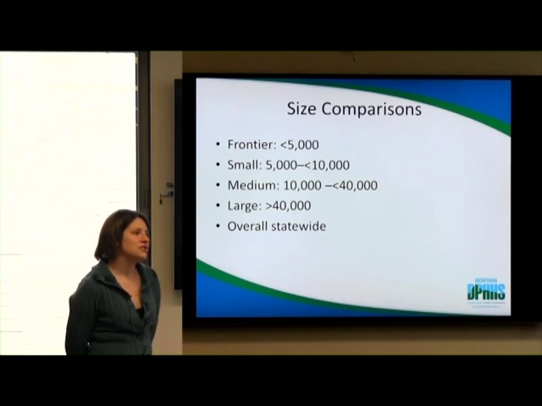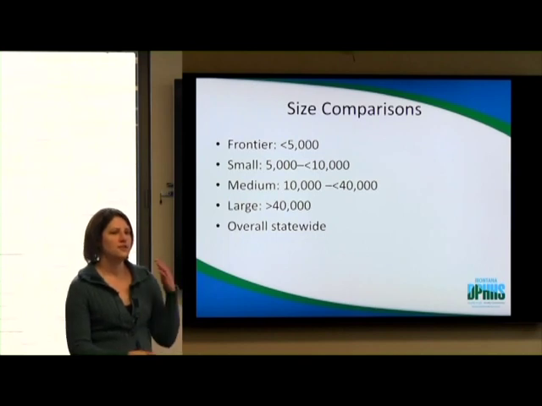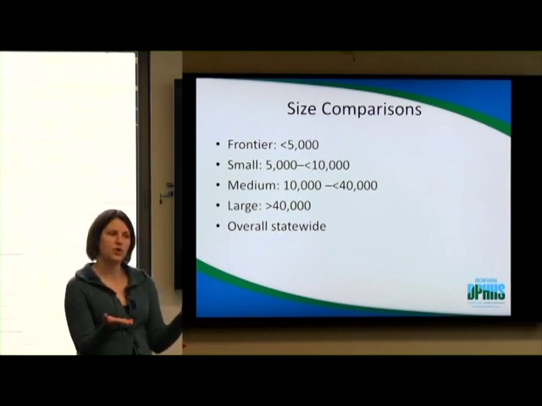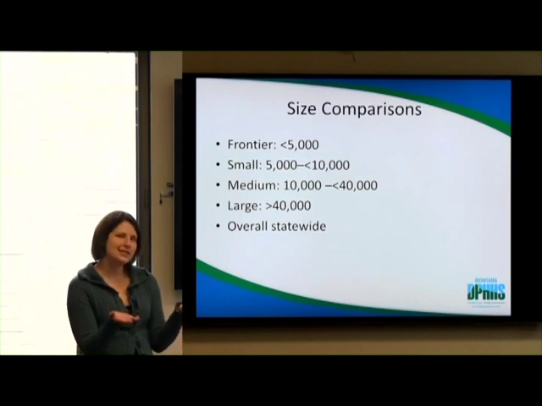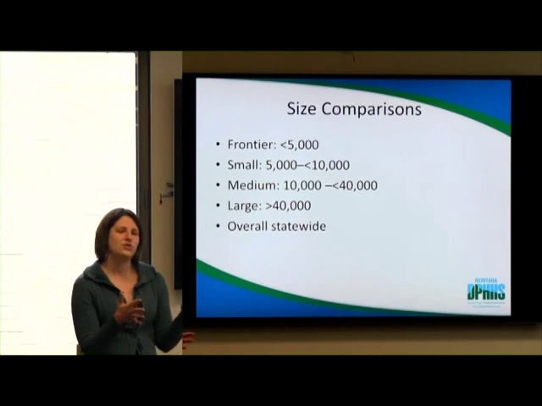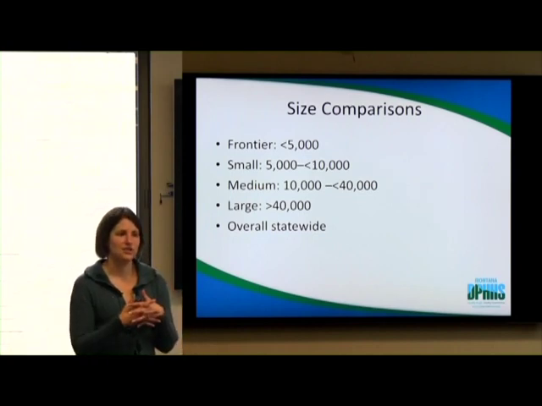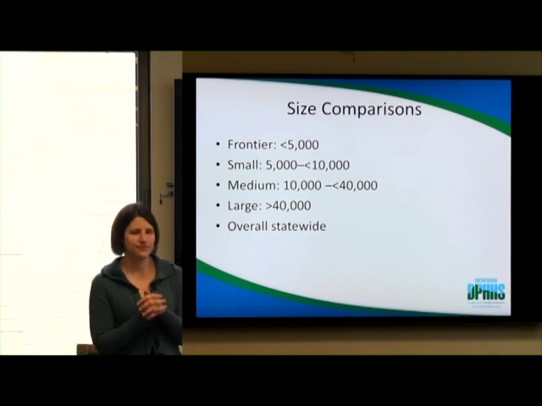So what we tried to do to overcome this is group counties according to size. If you're comparing one frontier county to another frontier county, even if you don't have a rate, even if you only have a count, at least it's somewhat comparable. So you know that you've got a ballpark of like counties. We hope this is helpful.